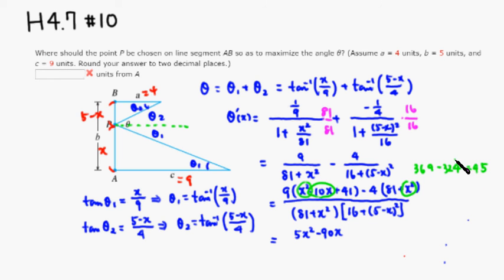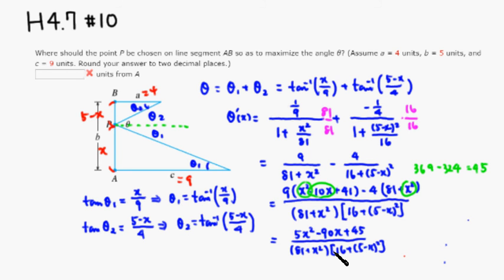Plus 45, all over the same denominator. The denominator is always positive, which is good to know.